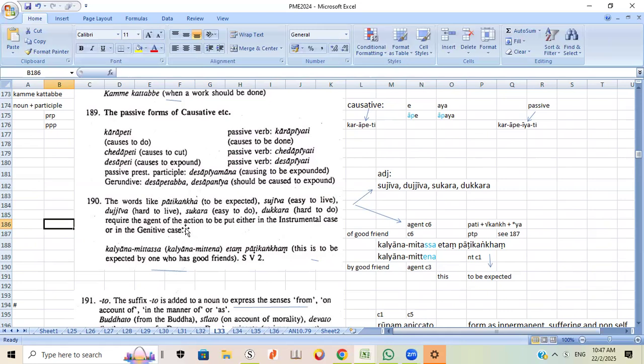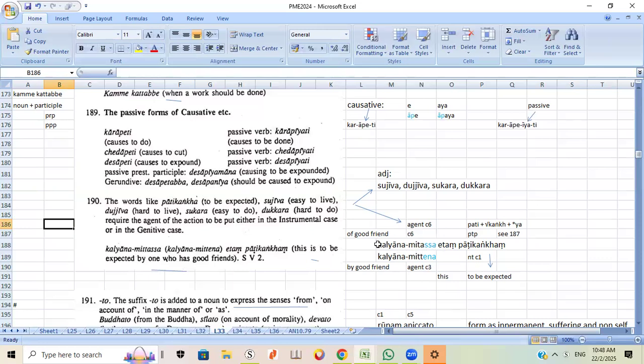This particular line, when I read here, is talking about requiring an agent of action. Normally the agent of the action can be in instrumental or genitive case. The best way to understand this is to look into this particular line. It's kalyana, mita. This is a compound.